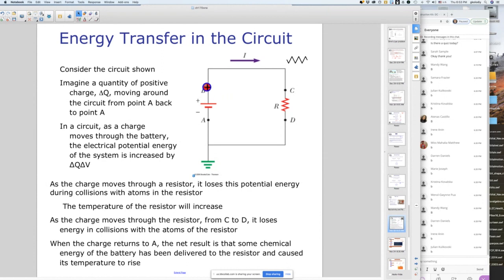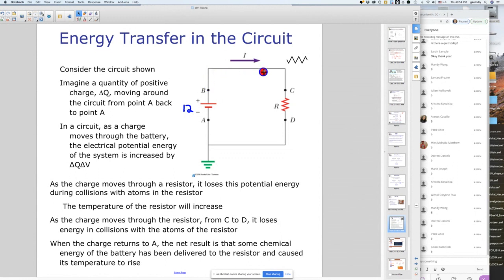And what that means, positive charges go through here, and when they start, they have a lot of energy. How much energy? Well, if this is a 12-volt battery, they will have 12 joules for every coulomb that flows through here.